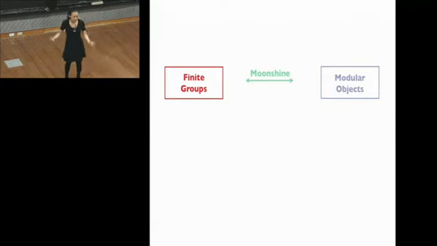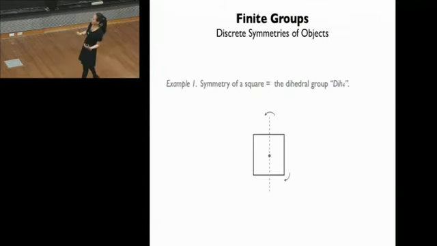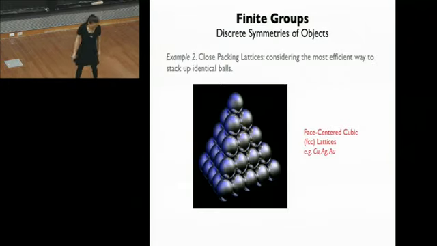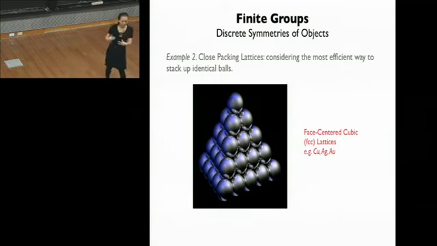Of course, everybody knows what finite groups are, but for the purpose of this talk, I would like to think about them as discrete symmetries of some interesting objects. For instance, the dihedral group can be defined as the automorphism group of some regular polygon. A slightly more interesting example is when you study the question of optimal sphere packing.